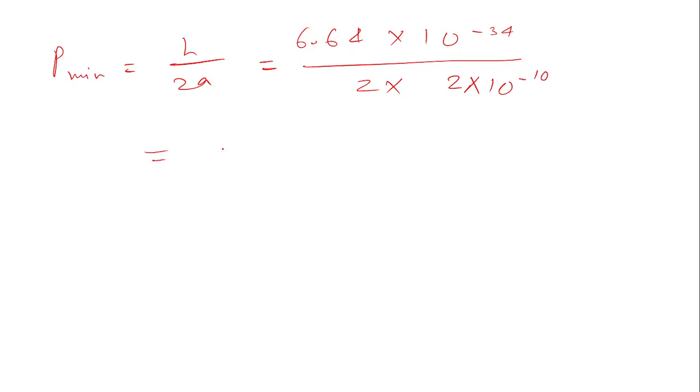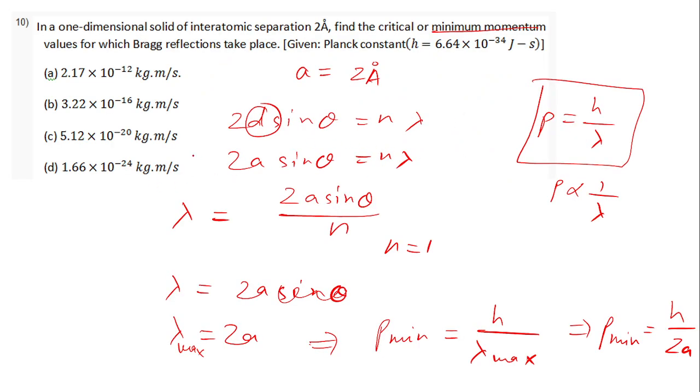When I calculate, I will get 6.64 divided by 4, 1.66, and the power 10 to the power minus 24 kg meter per second is the momentum. The correct answer is option D.